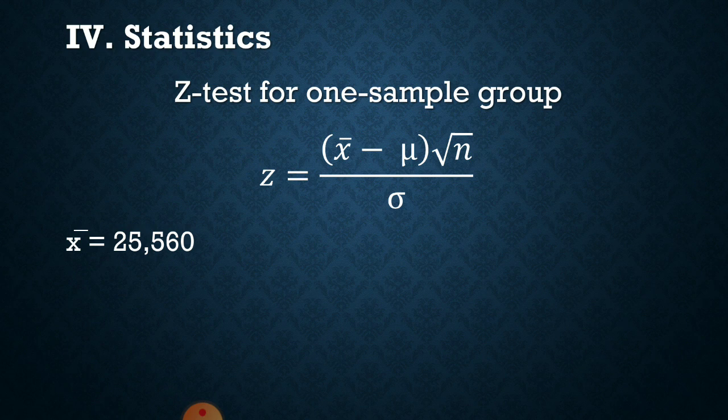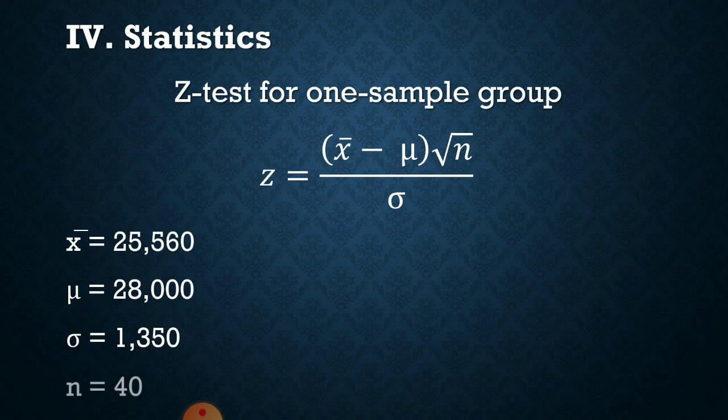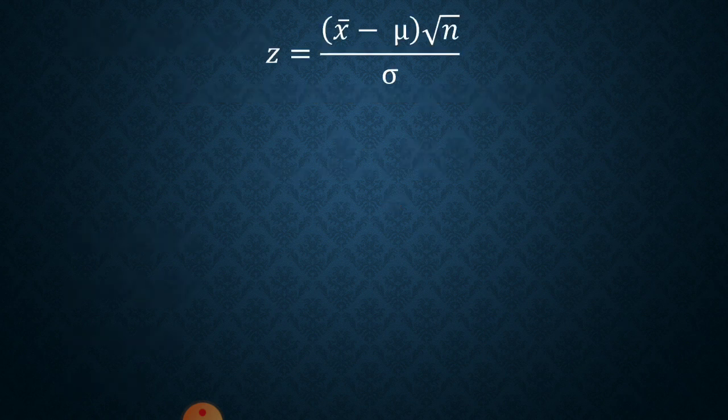For the hypothesized population mean, that is 28,000. For the standard deviation, that is equal to 1,350, and the sample size is equal to 40. Then, plug these values into the formula.